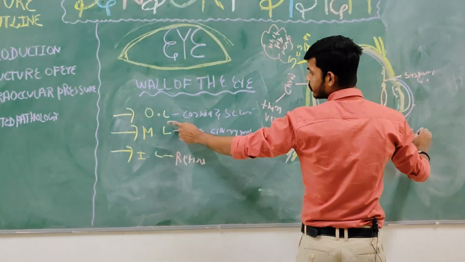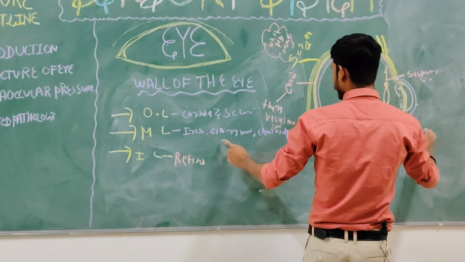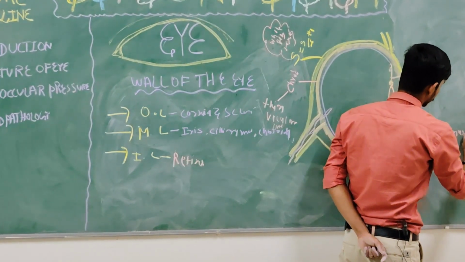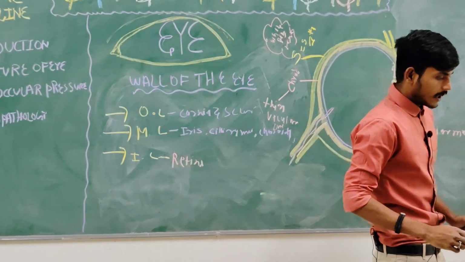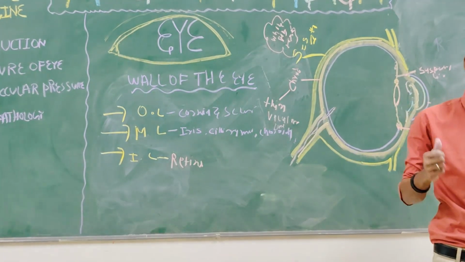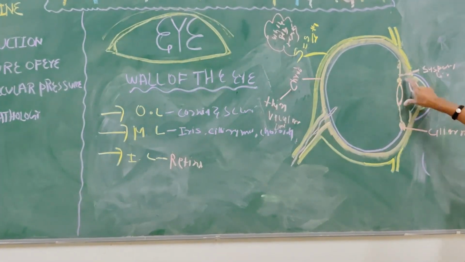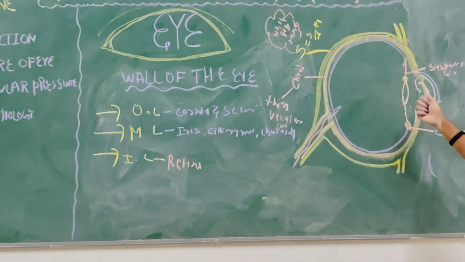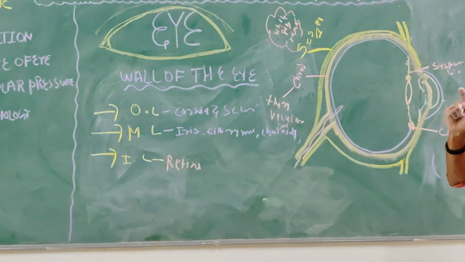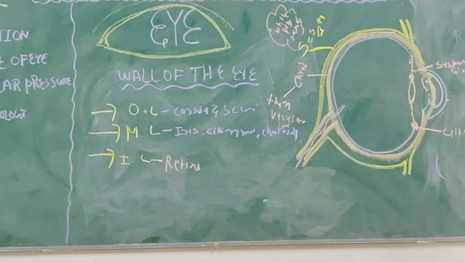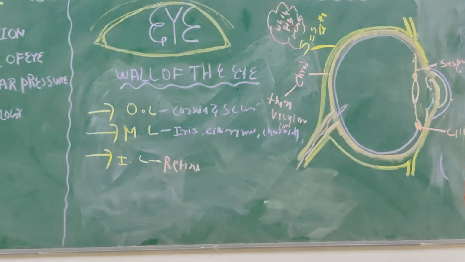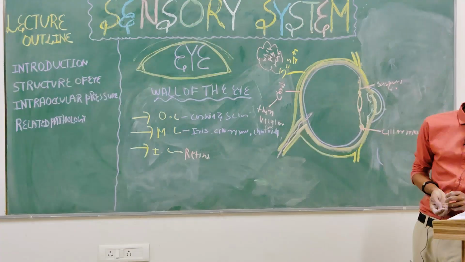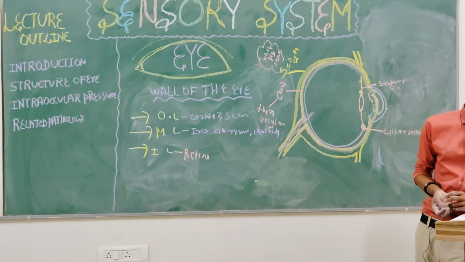We are talking about the middle layer, the ciliary muscles. The first function is that they help in suspension of the suspensory ligament, which ultimately helps the lens stay in one place.